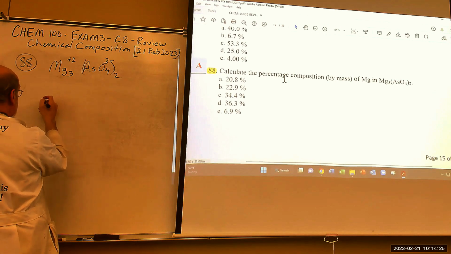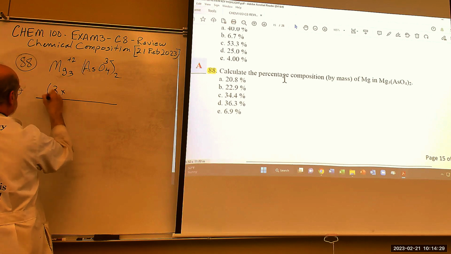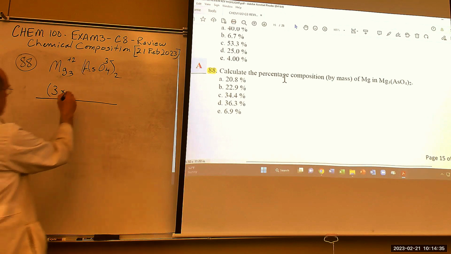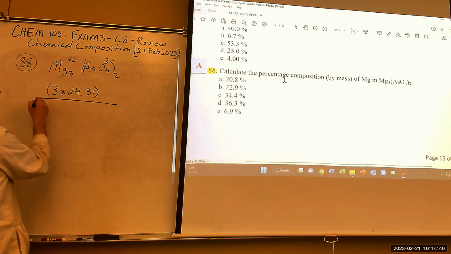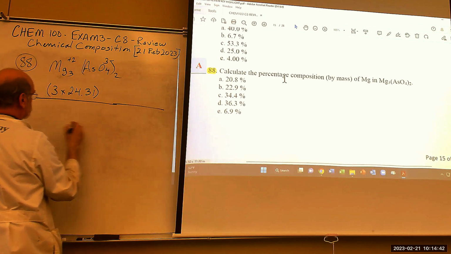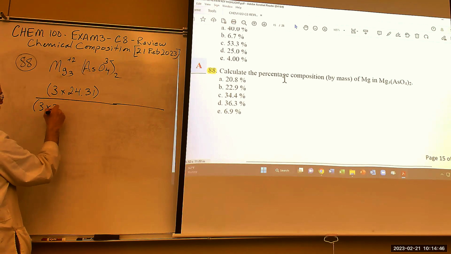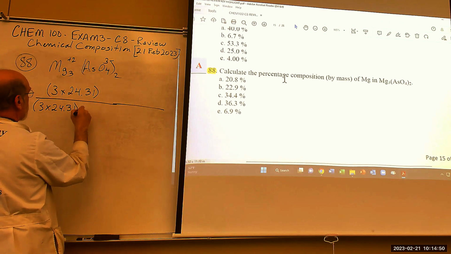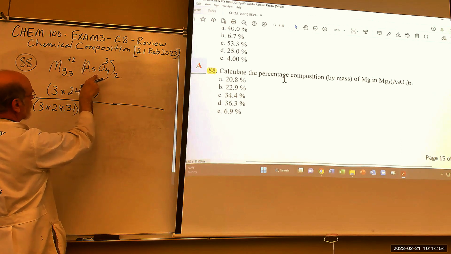So what we need in the numerator is the mass of 3 of these magnesiums, 3 times 24.31. Right? Then we need the total in the denominator. So we need that one again because it's part of the total. Plus, how many arsenics? 2 arsenics.